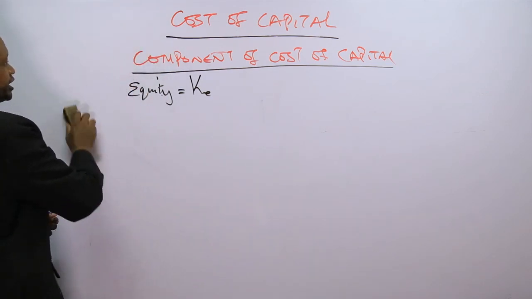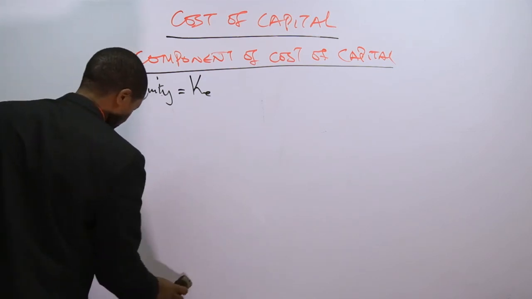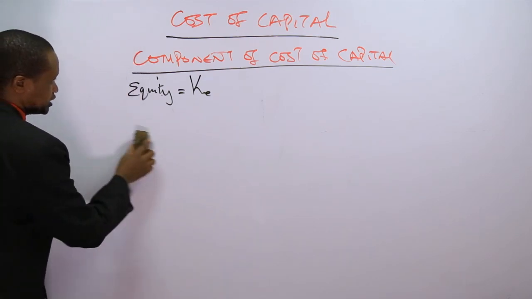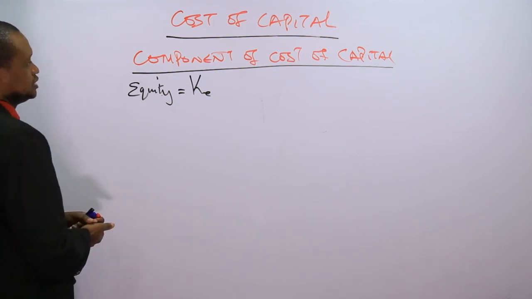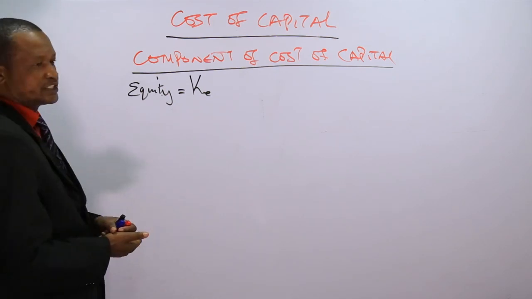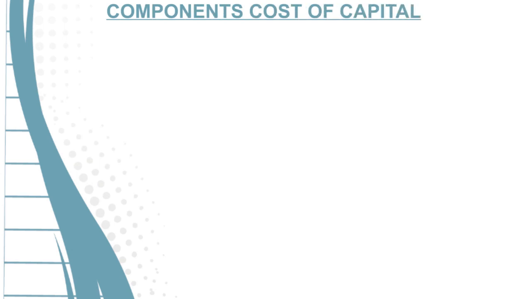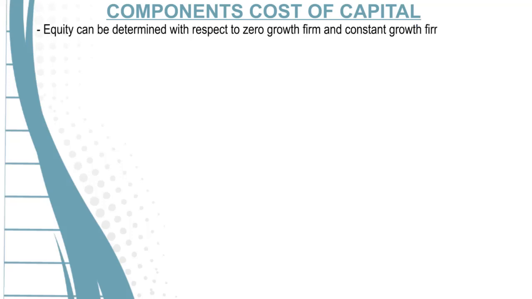How do you determine the cost of equity? Equity can be looked at from two perspectives: with respect to a zero growth firm and a constant growth firm.